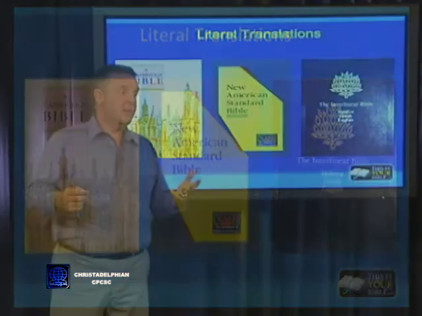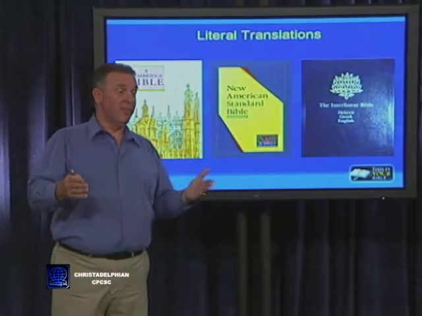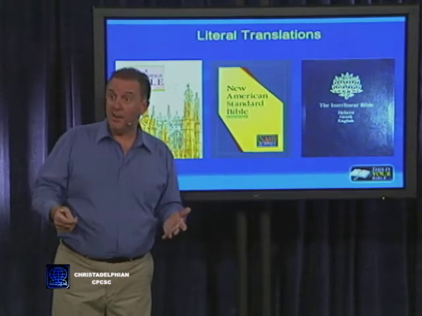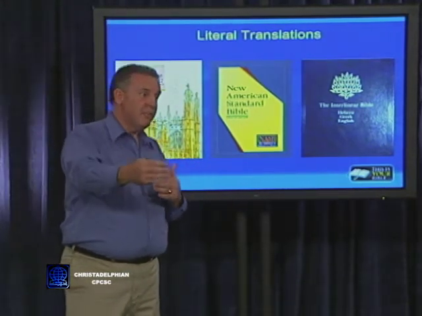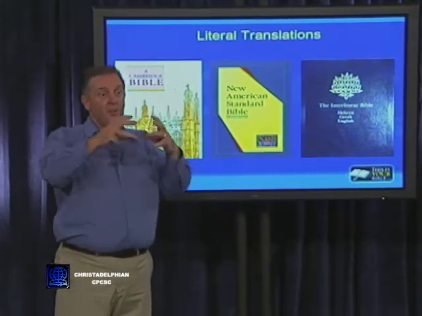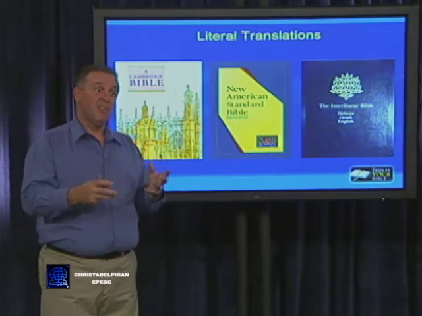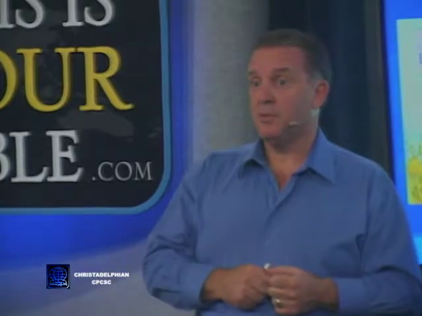First of all, it was written in 1611, and methinks they talketh different then than they do now. Secondly, there's been a lot of archaeological discoveries in the past 100 years that have unearthed texts that scholars used to help translate the Bible that obviously weren't available 400 years ago when they wrote the King James.